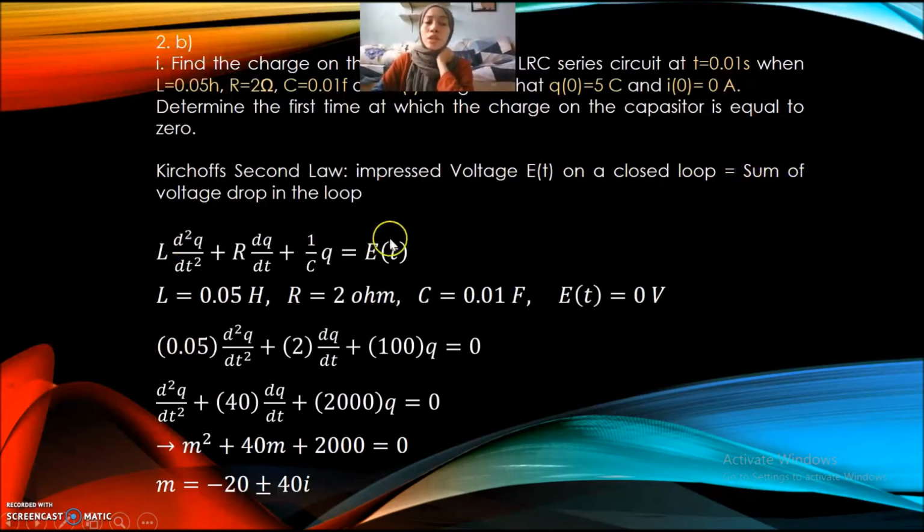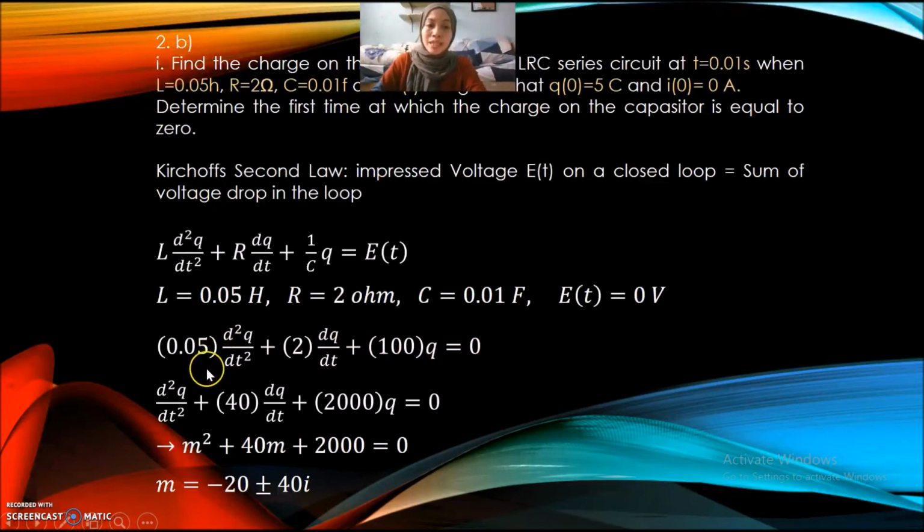So we have the linear second order differential equation: L d squared Q over dt squared plus R dQ over dt plus 1 over C Q equals E(t), where E(t) is the voltage impressed. We substitute all the information into the equation.